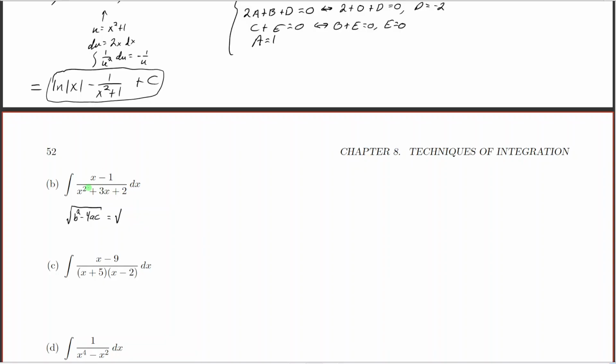Does this one factor? Doesn't look like this one's going to factor nicely, but our b value of 3 squared, 9, minus 4 times a times c, which is 1 and 2. So we are going to get 1 underneath the square root. So this will have roots, and no, I guess that one does factor nicely.